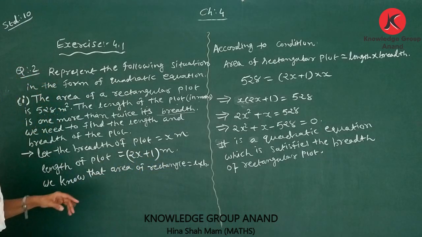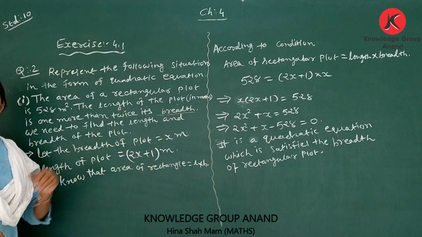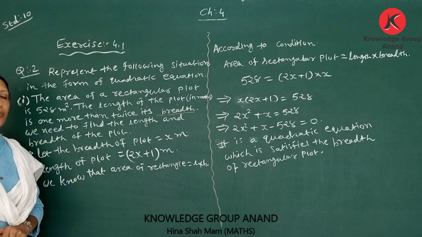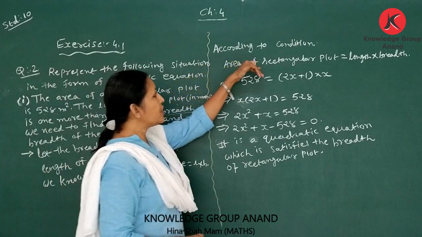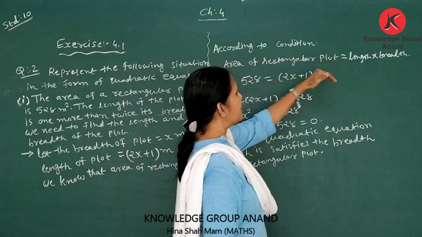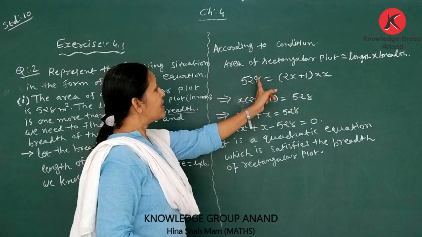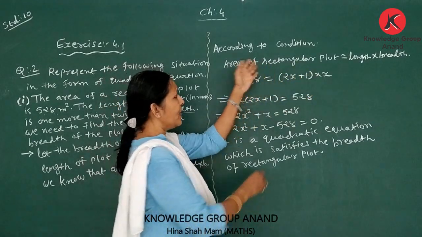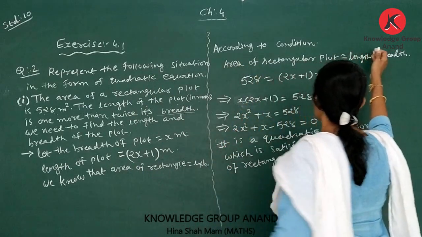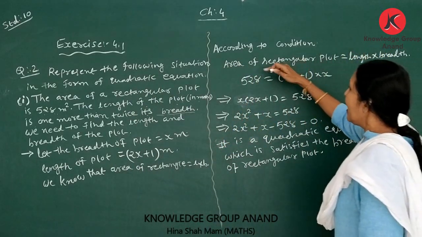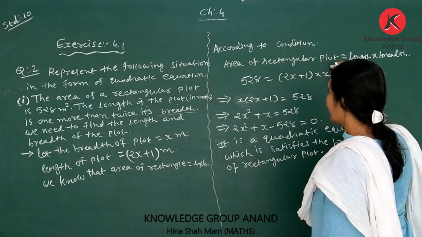We know that the area of a rectangle is equal to length into breadth, L into B. According to the condition, the area of the rectangular plot is 528. So L into B is equal to 528.